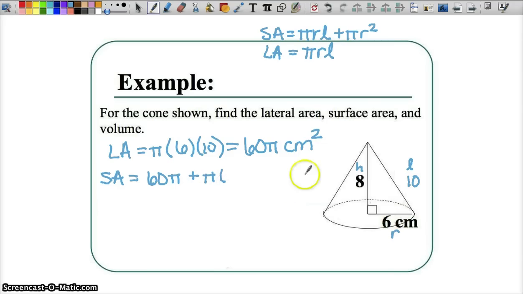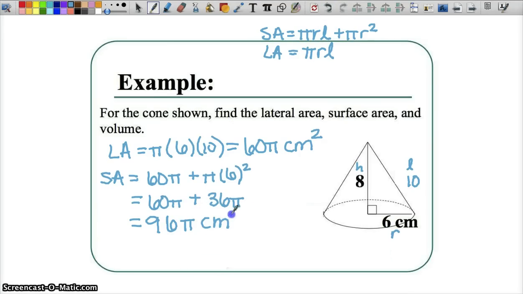Well, we have the radius, which is 6, and we're just going to square that. So we end up with 60 pi plus 36 pi. You can add those two together because they both have pi in them, so 96, you end up with 96 pi centimeters, and again squared because it's area.